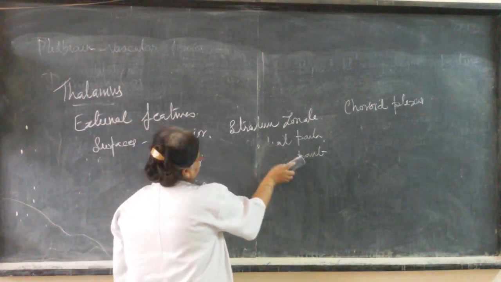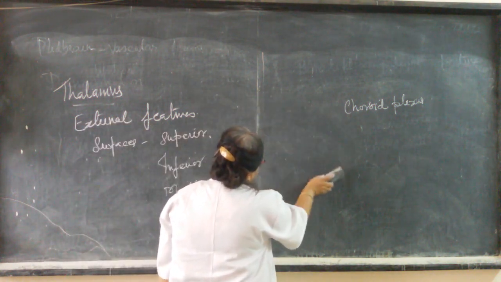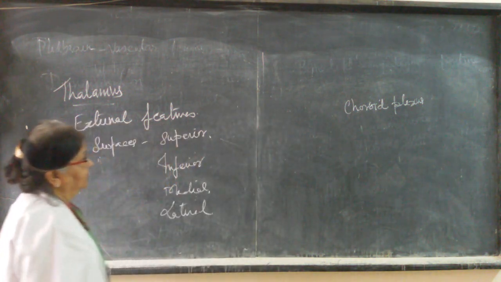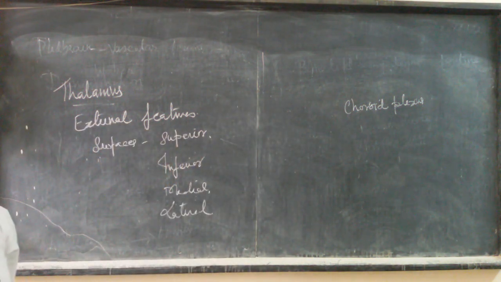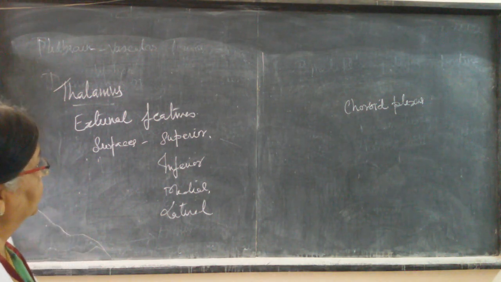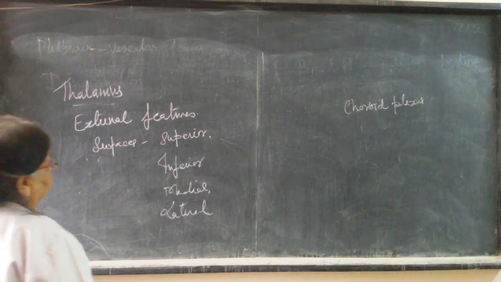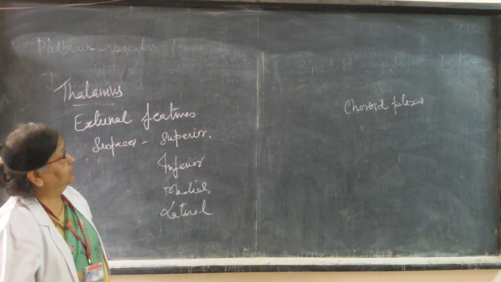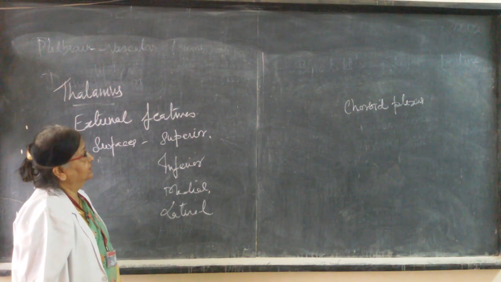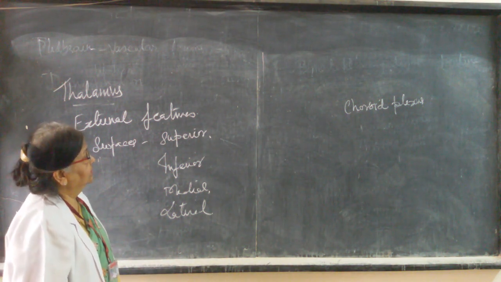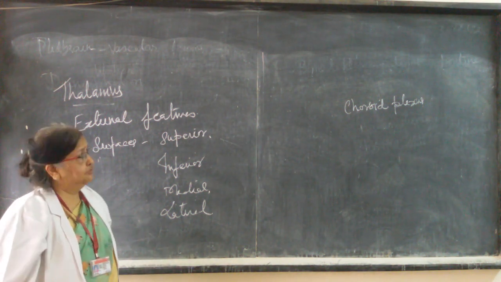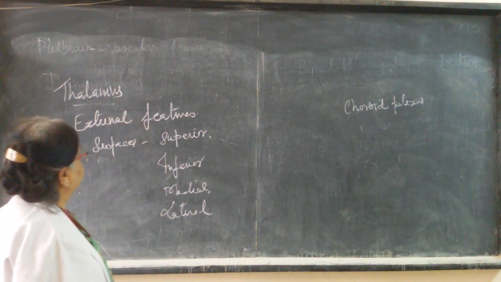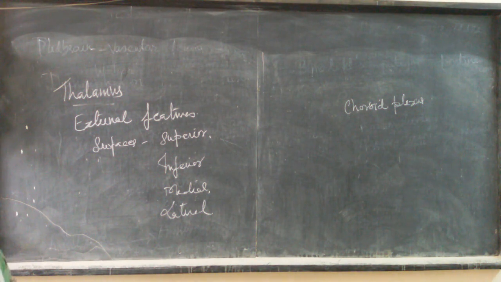Therefore, the superior surface is related medially to the body of the fornix. Laterally, this forms the floor of the central part of the lateral ventricle, and more laterally, this is separated from the body of the caudate nucleus by a sulcus, which contains the thalamostriate vein and stria terminalis.